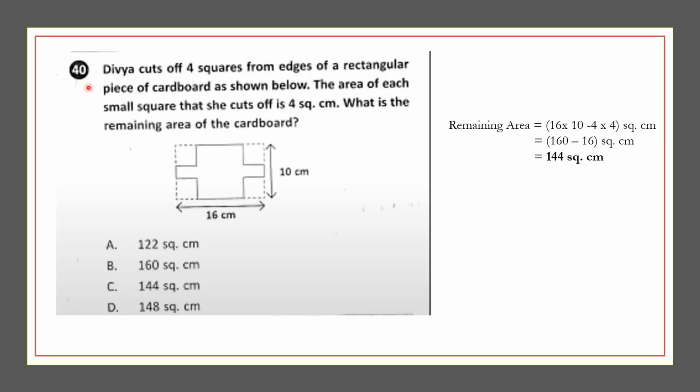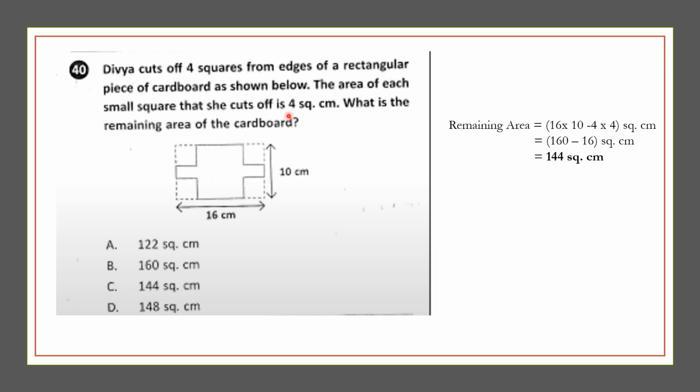Question number 40. Divya cuts off 4 squares from each of the rectangular pieces of the cardboard as shown below. The area of each small square that she cuts off is 4 square centimeter. What is the remaining area of the cardboard? So first we calculate the area of the whole cardboard and then subtract the area of these 4 squares.